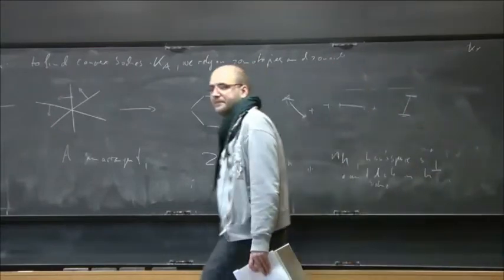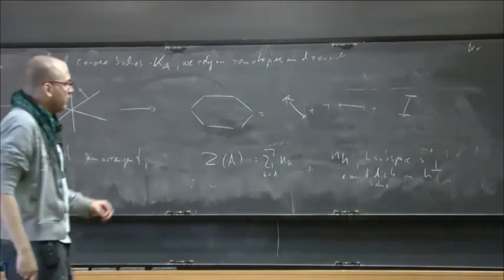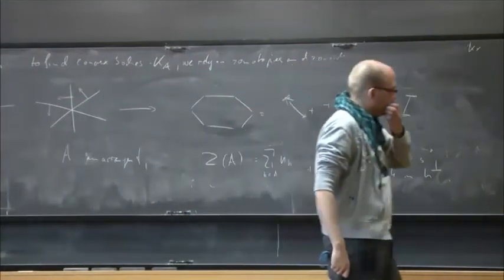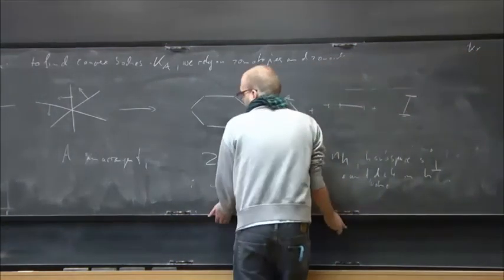Okay? So now I have a way to associate to each arrangement at least one convex body. So let's see whether this works out.